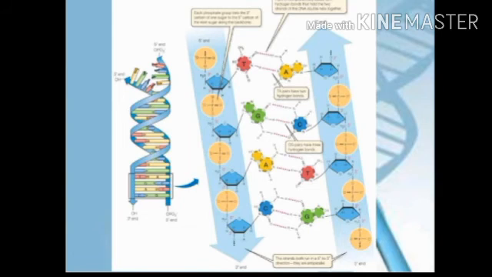In DNA, the nitrogen base adenine always pairs with thymine, and cytosine always pairs with guanine. The two DNA chains are anti-parallel to each other. It means one DNA chain has a 3'-5' direction and the other DNA chain is in the 5'-3' direction.